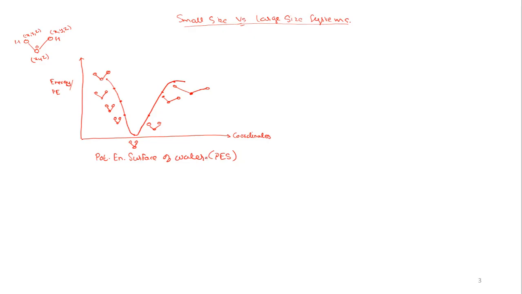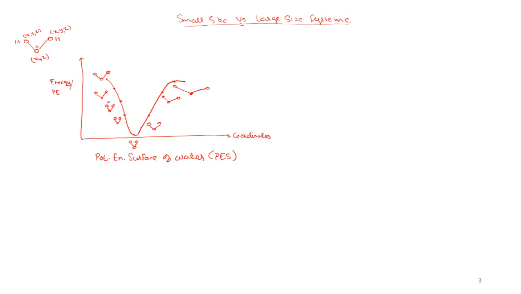Therefore, such a potential energy surface describes the potential energy of your water system, especially a collection of atoms, in terms of the Cartesian parameters, x, y, and z coordinates. Normally the position of atoms is described in terms of these Cartesian coordinates. So this is, in short, a typical potential energy surface plot of water.